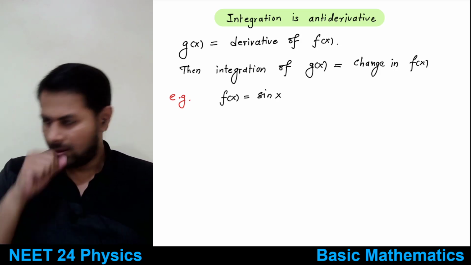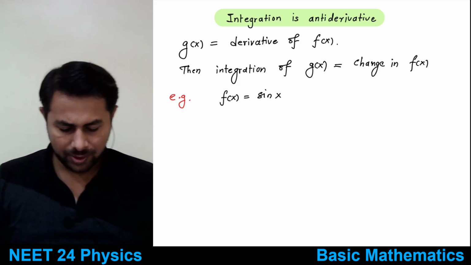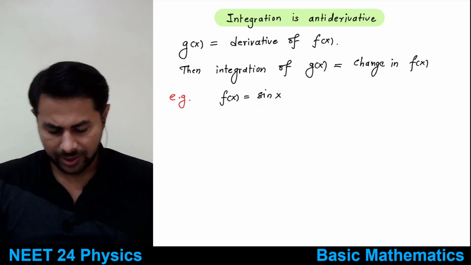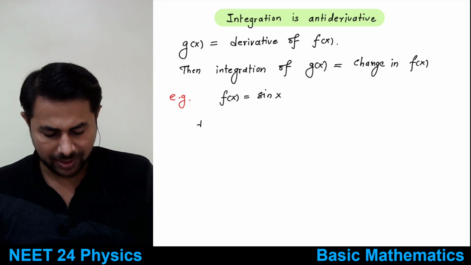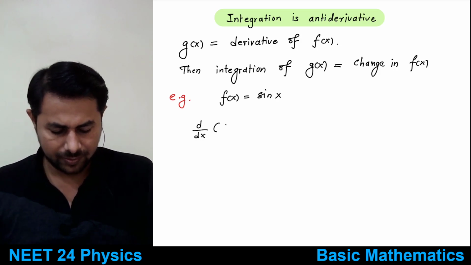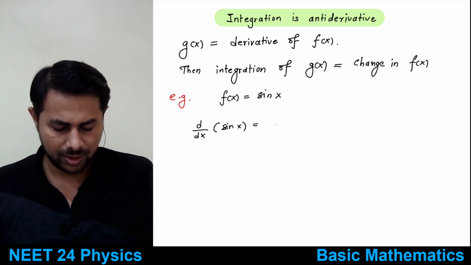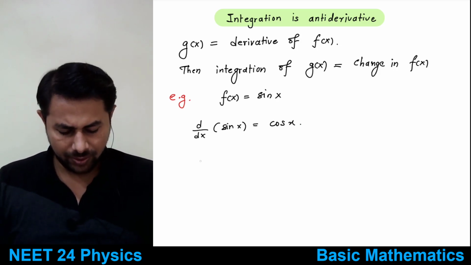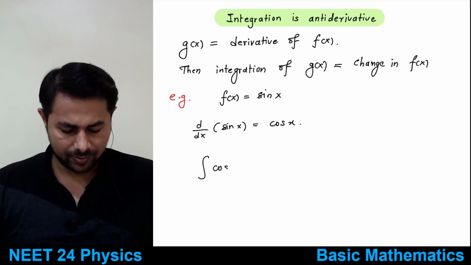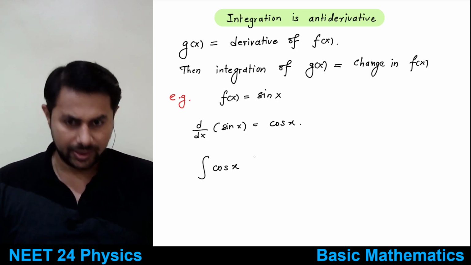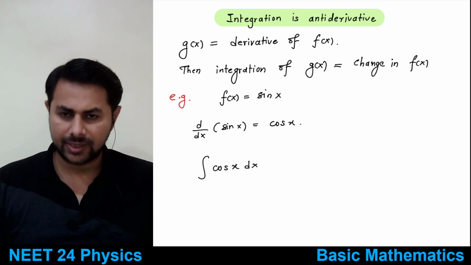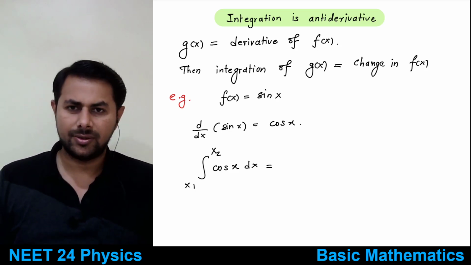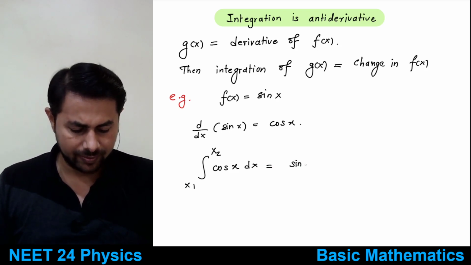For an example, let's say f of x is sine x. What is the derivative of sine x? It is cos x. Now if you integrate cos x dx from some x1 to x2, what should you get? You should get sine x.